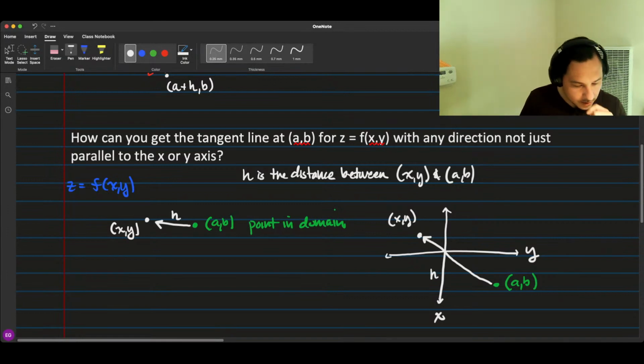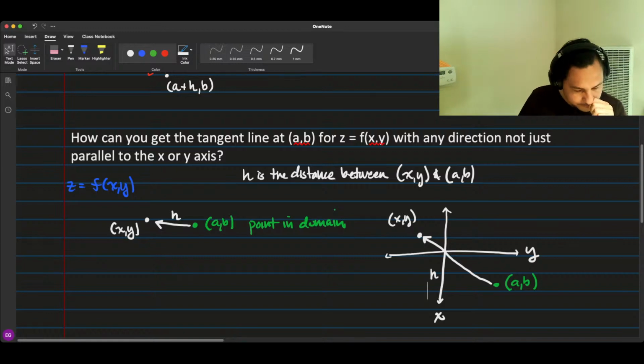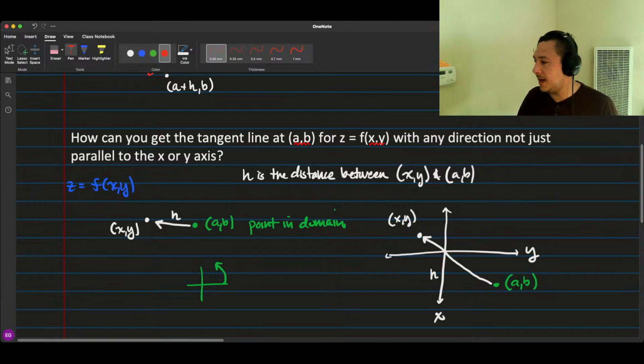Okay, so there's an angle involved here. You know how when you measure angles, you always start from the positive x-axis and go like that? So you can imagine at a comma b, I would draw something parallel to the x-axis.